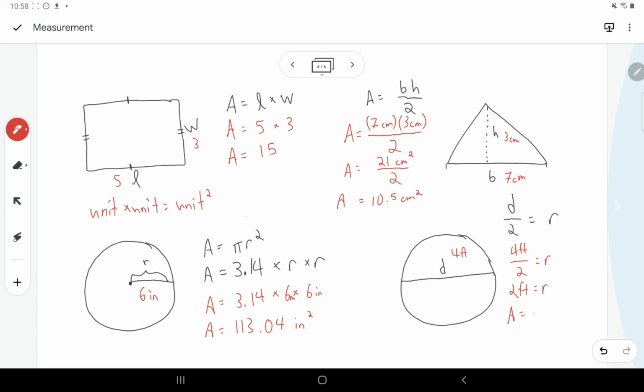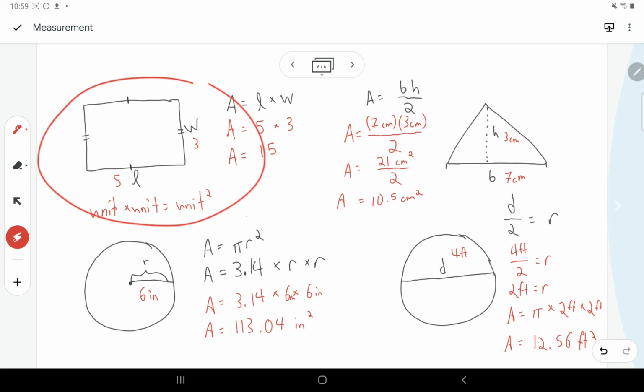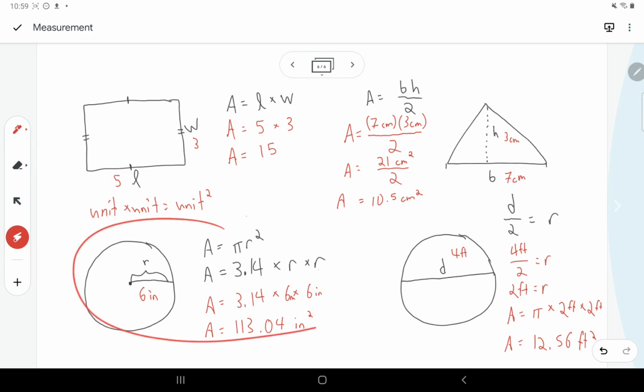The area equals pi r squared, so area equals pi times 2 feet times 2 feet, which would mean that the area equals 2 times 2 is 4, times 3.14 gives us 12.56 square feet. You might have heard of that before, square feet, if you're talking about the footage of a house. That's an area. So that is our rectangle, our triangle, and our circle.